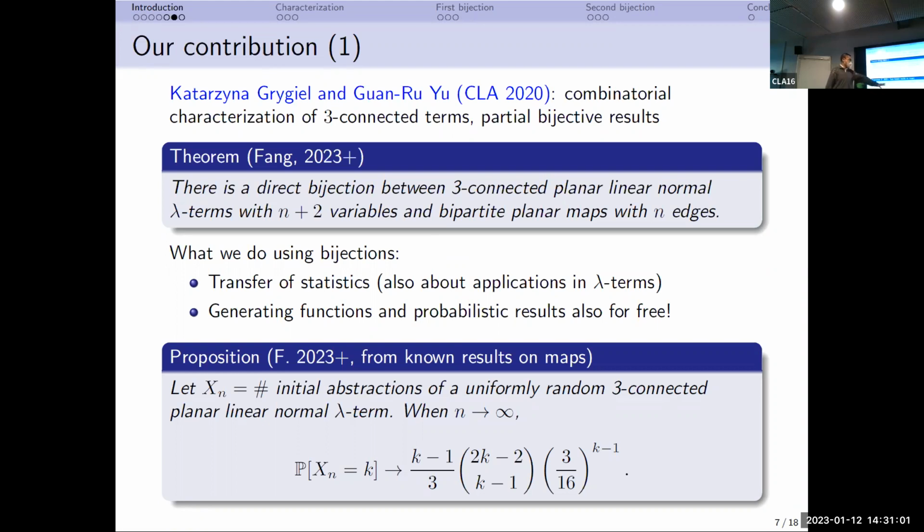And in fact, we have the exact expression of the converging probability. And to obtain this, I did nothing. I just searched in the literature for the corresponding results on maps, and then I copied the whole result and changed the words. Okay, so this is our first contribution.